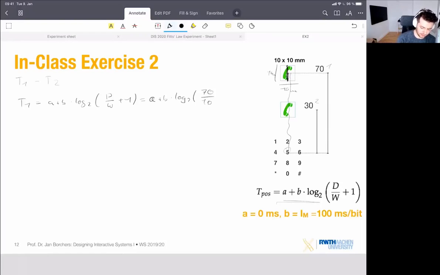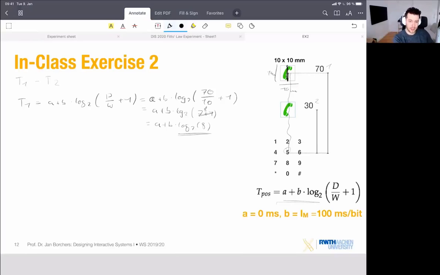So we have 17 divided by 10 plus 1. And this then again is A plus B times the logarithm to the base of 2. And 17 divided by 10 is 7, if I still understand correctly, plus 1 is 8 then. So we have the logarithm to the base of 2 of 8, which then is A plus B times the logarithm to the base of 2 of 8. In an exam scenario, we usually do these so that you don't need a calculator.